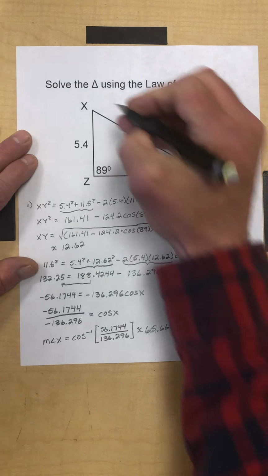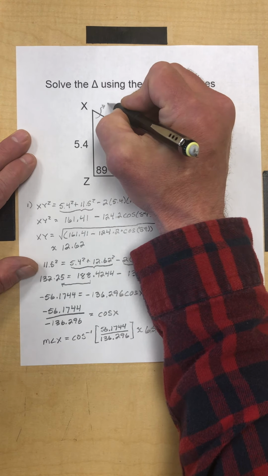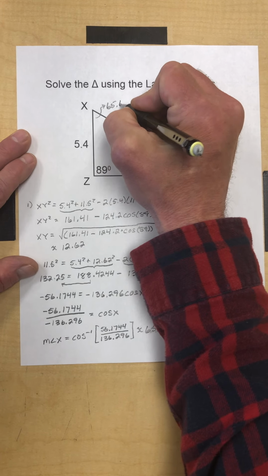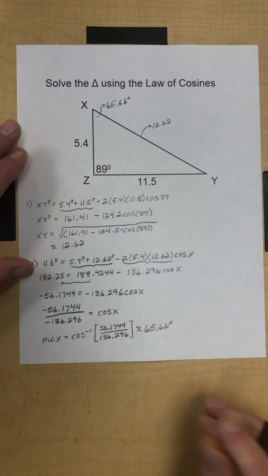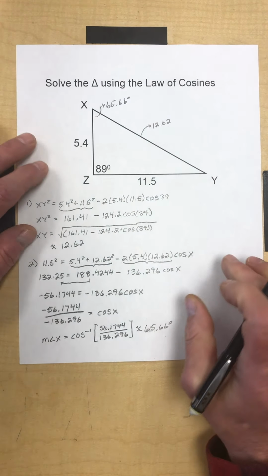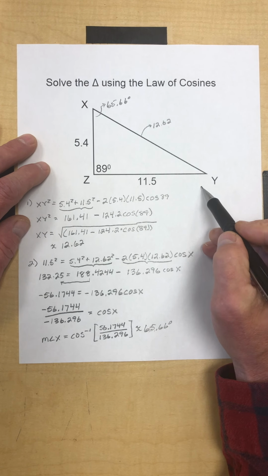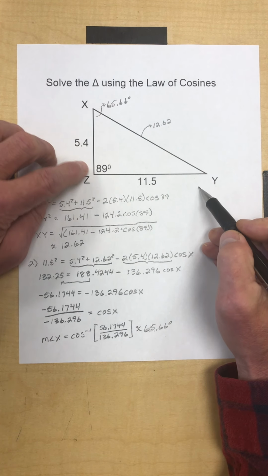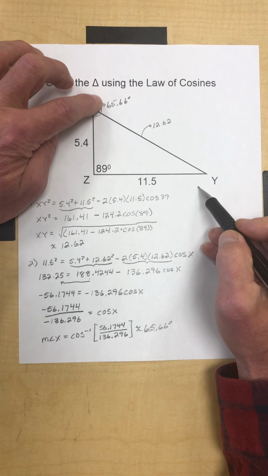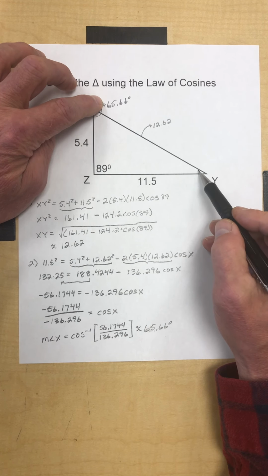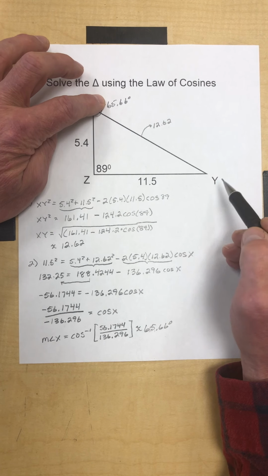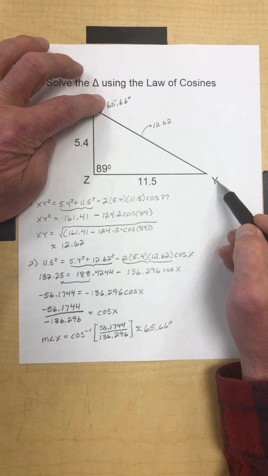Okay, so that's the measure of angle x, 65.66 degrees. All right, now once again, if you apply the triangle sum theorem to get angle y, and you go 180 minus the 89 minus the 65.66, there's no guarantee that it'll work, because if you made a mistake here, then the measure of angle y is going to be wrong as well.